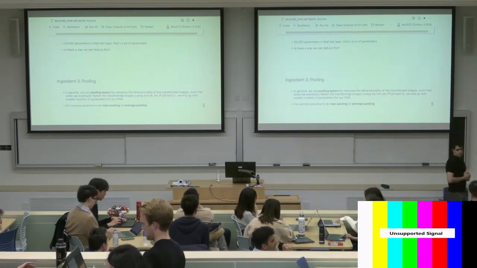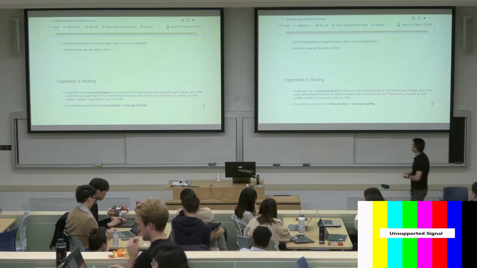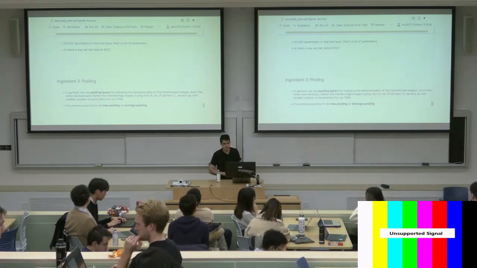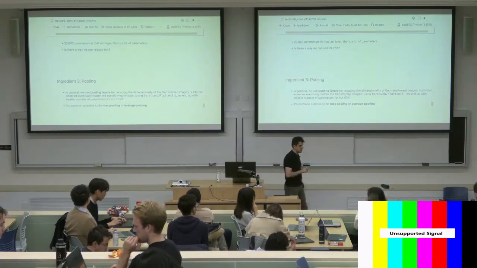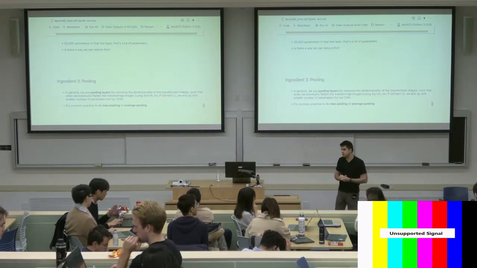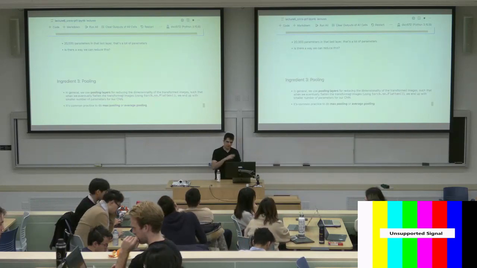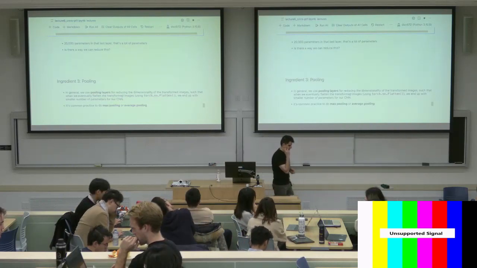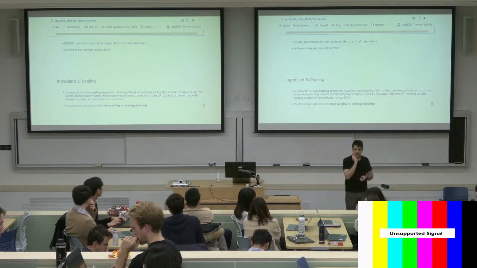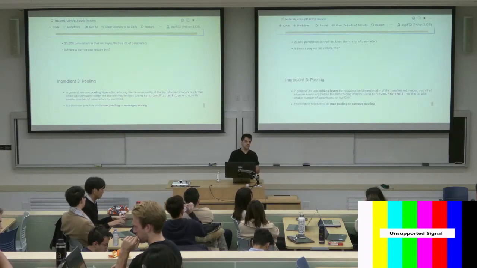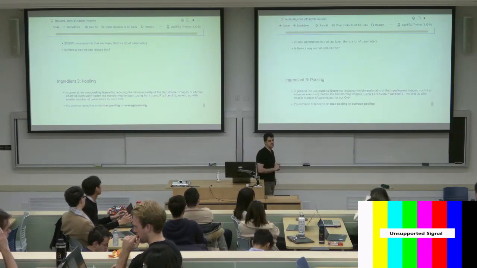Next ingredient is called pooling. So pooling is about taking the most important features of each part of an image. So the idea is that when you do the convolutions and you end up with an output feature, the thing is, not all of those converted pixels are actually important to make a nice prediction.